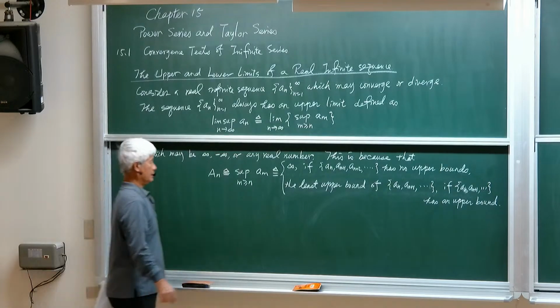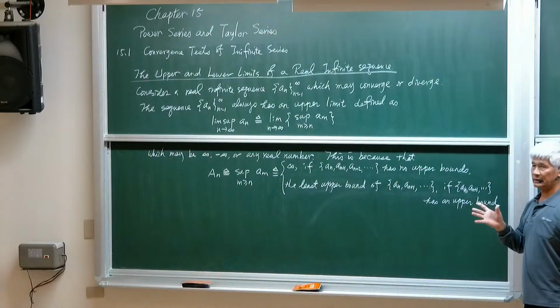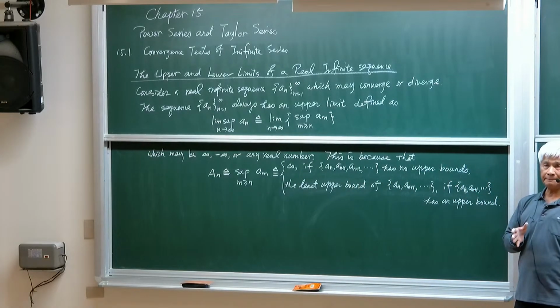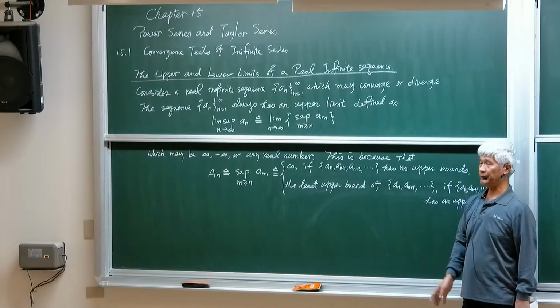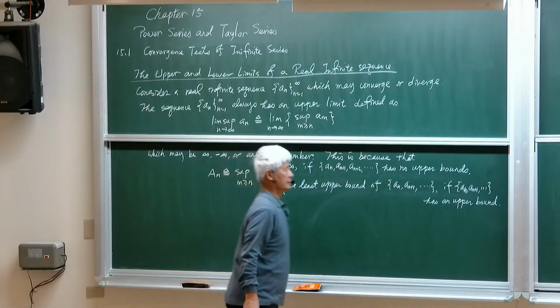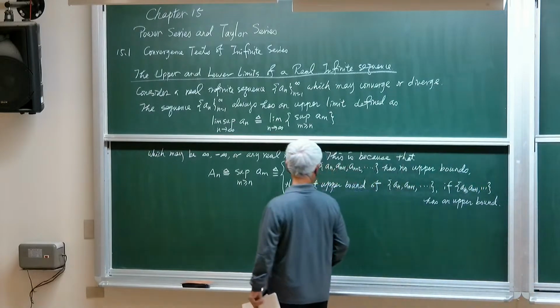All right. And if a set of real numbers has an upper bound, then it has the least upper bound. This is from the completeness of real numbers. And I think that you already know this fact from calculus.